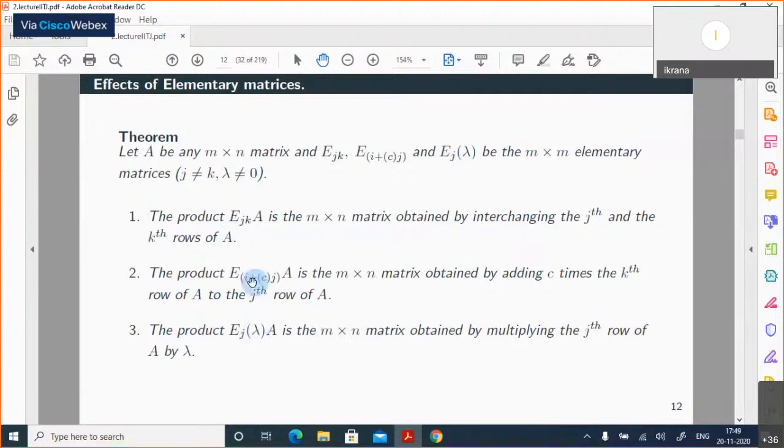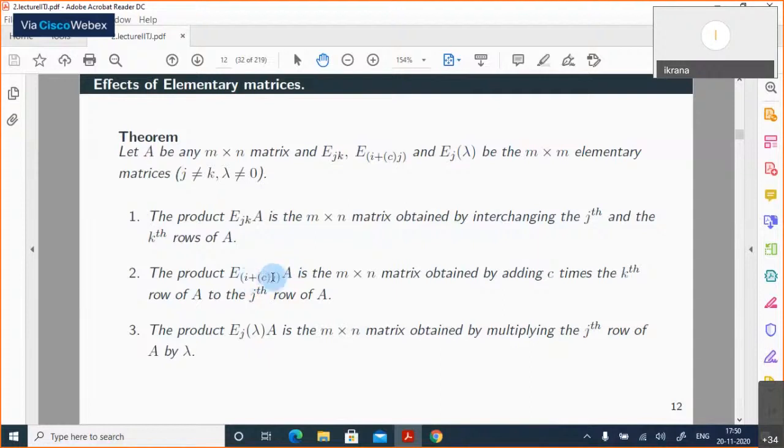For example, if I do this, E_i plus c times j, that means I have multiplied the jth row by c, and added it to the row i. That is an elementary matrix. If you pre-multiply A by that, then the resulting matrix will be nothing but A with the ith row changed to the ith row plus c times the jth row.